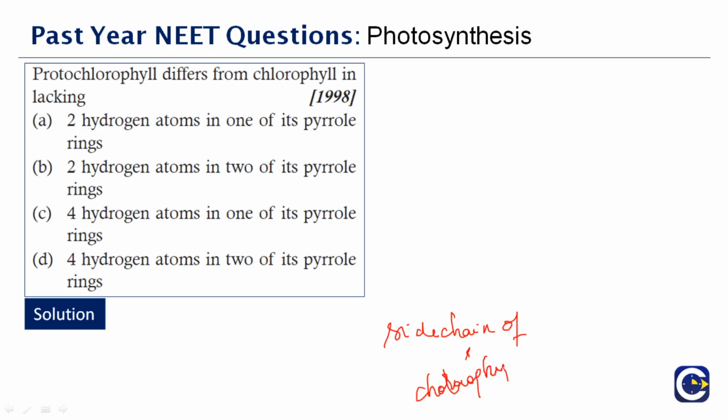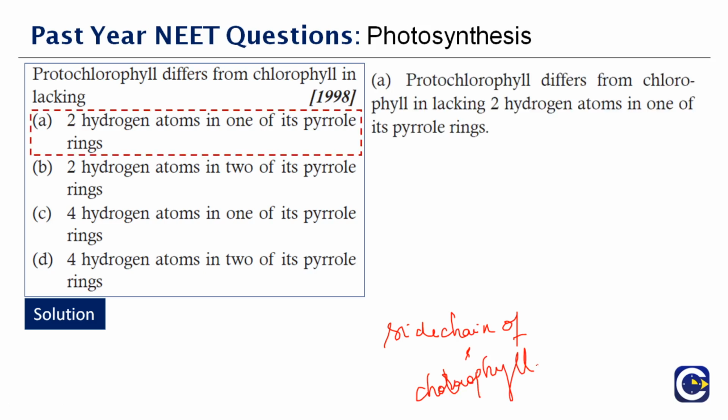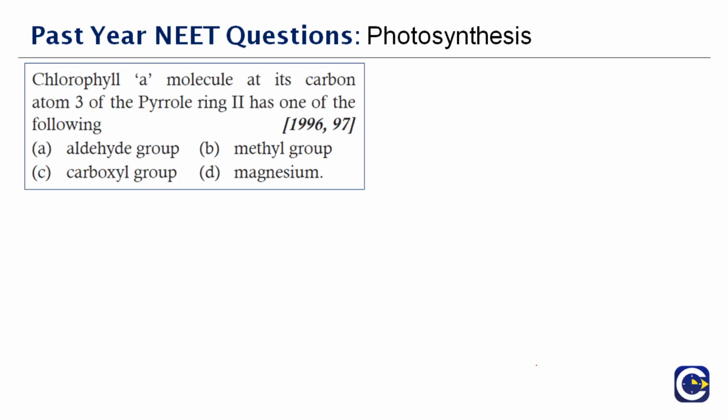Always remember this. This is the only difference between chlorophyll and protochlorophyll. So here the correct answer is option A. It lacks two hydrogen atoms in one of its pyrrole rings. In later questions I will show you the diagram of the pyrrole ring. Okay, next question here, which was asked in the year 1996.